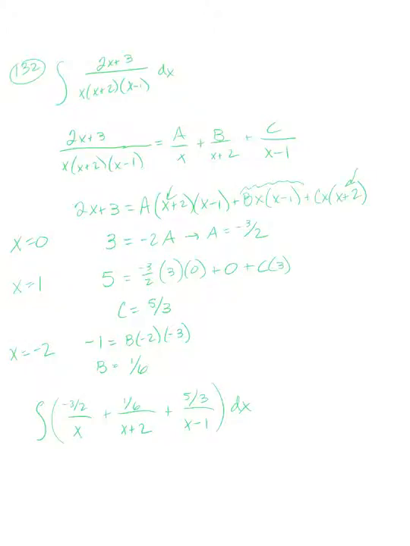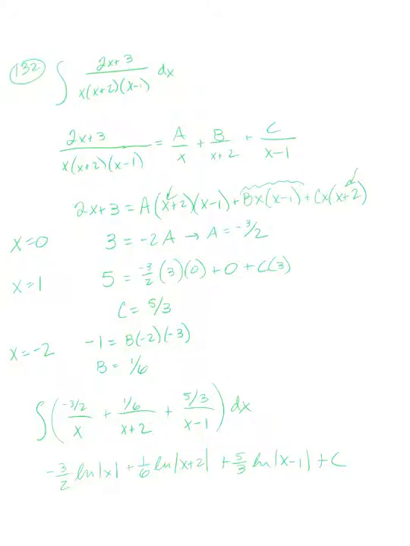And now I integrate term by term, so I have -3/2 ln|x| + 1/6 ln|x + 2| + 5/3 ln|x - 1| + C.